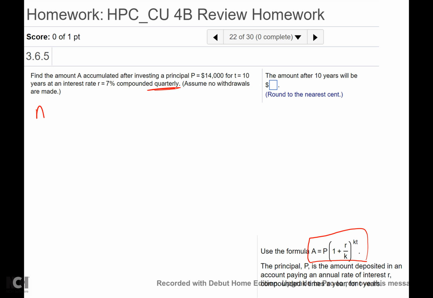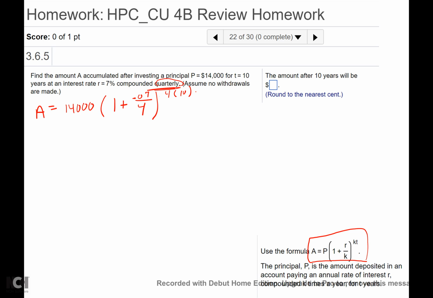They want to figure out the amount in the account after investing $14,000, parentheses 1 plus my interest rate 0.07. My k is how many times it compounds per year. Quarterly means 4 times a year. To the k, 4 times the time, 10 years.